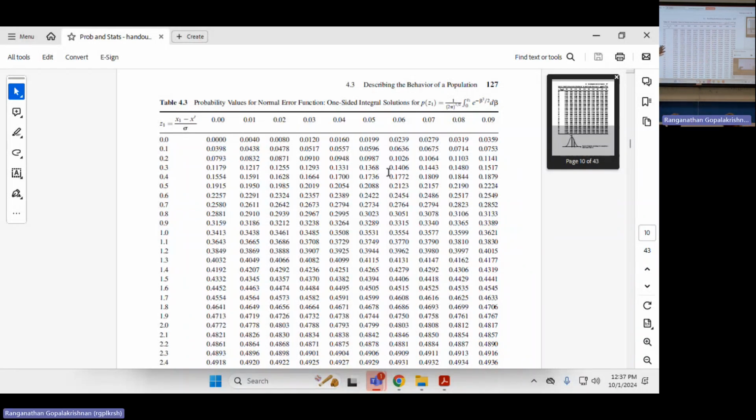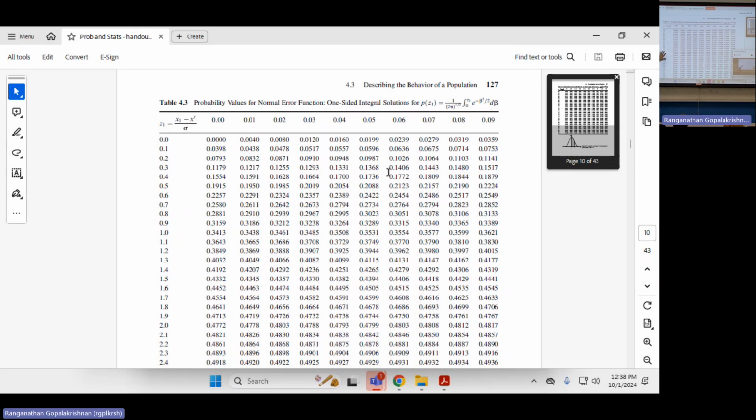P of Z1, what I call X, they are calling Z1. P of Z1 is 1 over square root of 2 pi, the integral from 0 to Z1 of exponent of minus beta squared over 2 d beta. The fact that they use beta is completely irrelevant. You can use t or x or whatever.